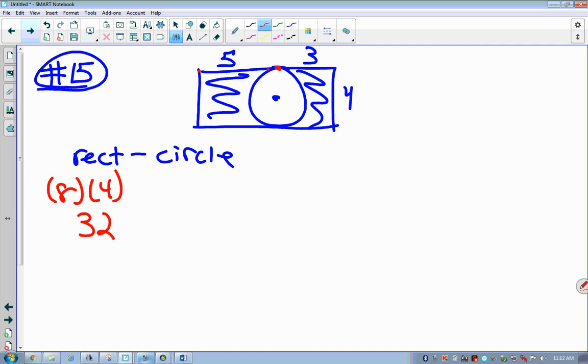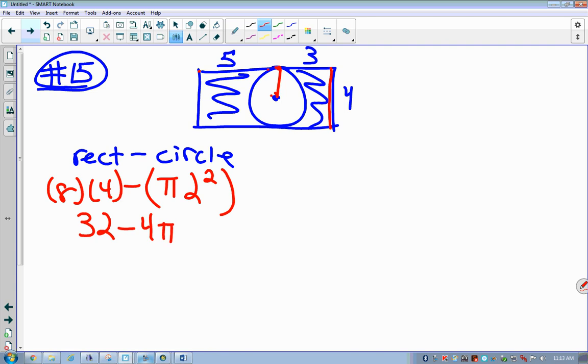All right. What do we know? In order for us to find the area of the circle, though, we need to know pi r squared, correct? So pi, what's my radius there? The whole length of this is 4, so half of it is going to be 2, pi r squared, right? So we are going to wind up with 32 minus 4 pi.